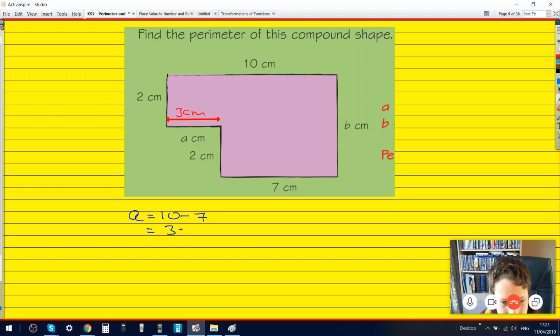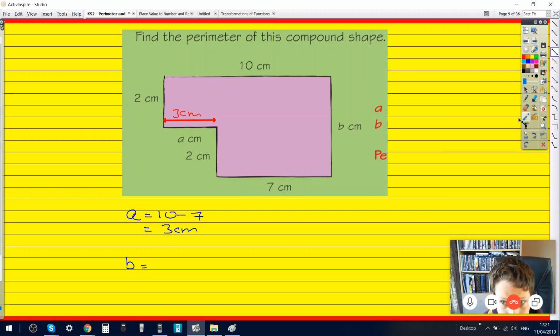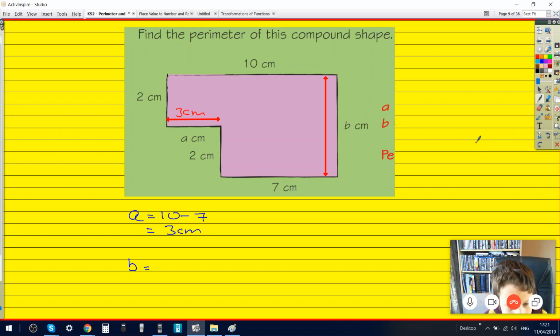So we have B centimeters. So for the B centimeters, we have the 2 centimeters at the far left.